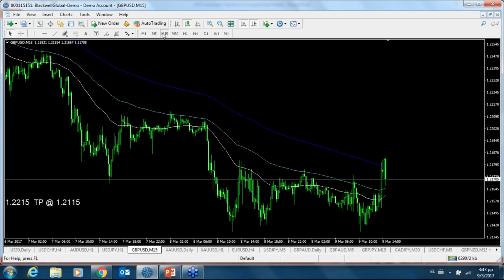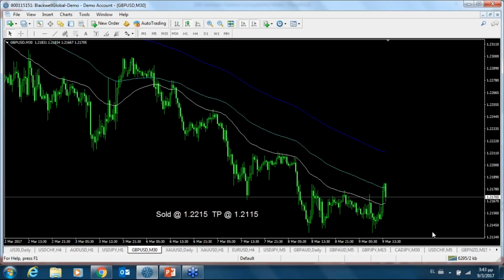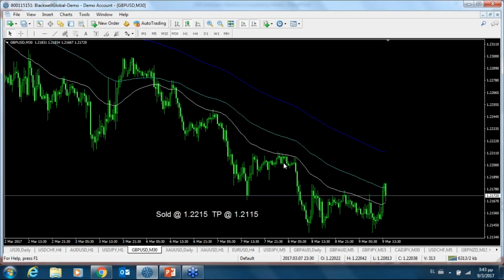So from the 15 minute right to the 30 minute, you have not seen candles or prices above all three lines, and that is a very strong sort of downward move or momentum. This gives me the idea that the 15 minute and 30 minute are still showing the momentum to the downside, or bearishness, for GBP USD.